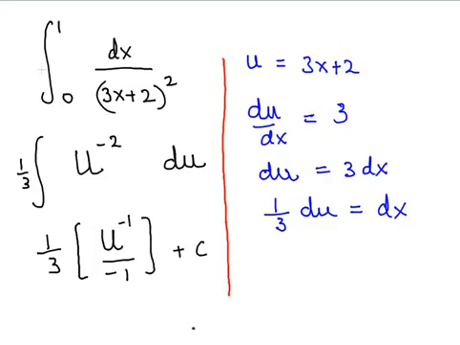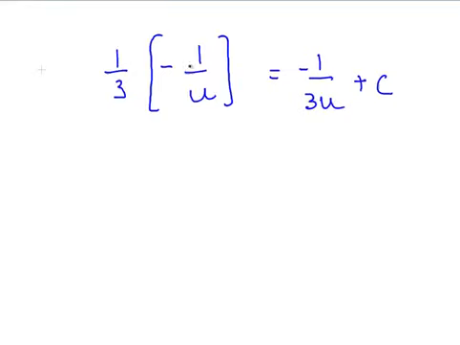This minus 1 we can take out, essentially multiply through by minus 1, and that minus 1 just cancels out. So we have minus 1/3 of u to the power of minus 1. Essentially our answer is minus 1 over 3u plus c.